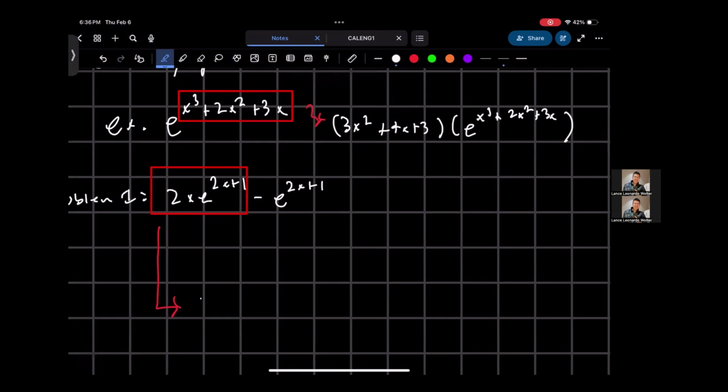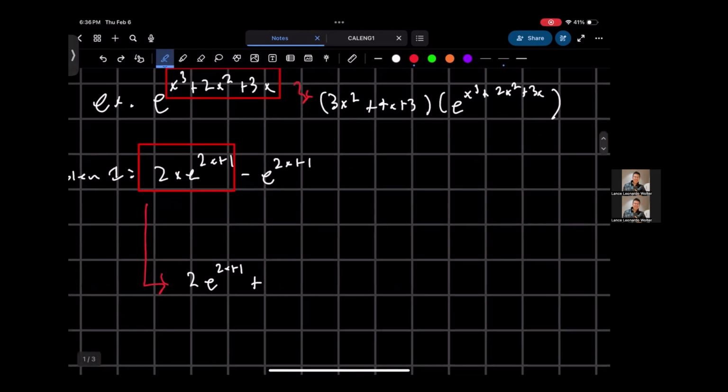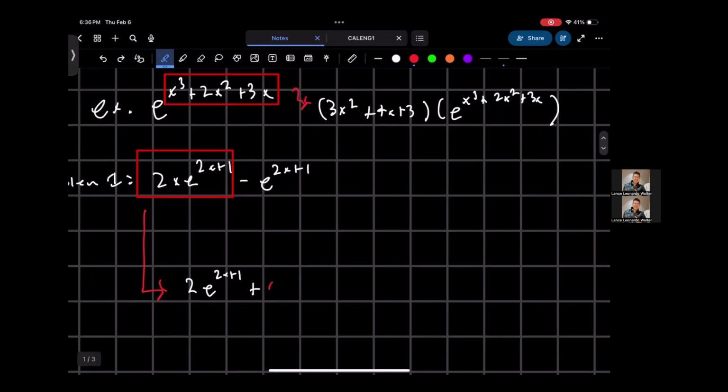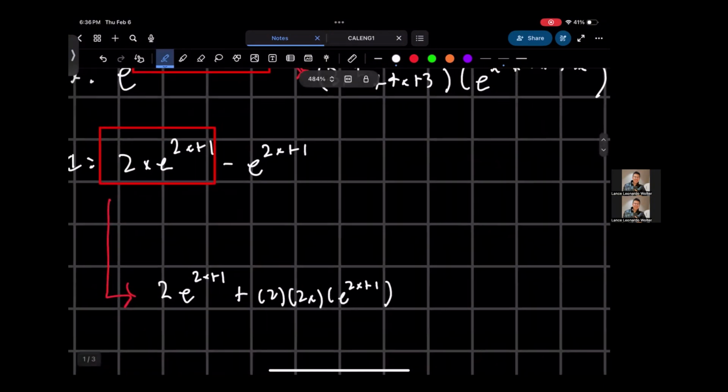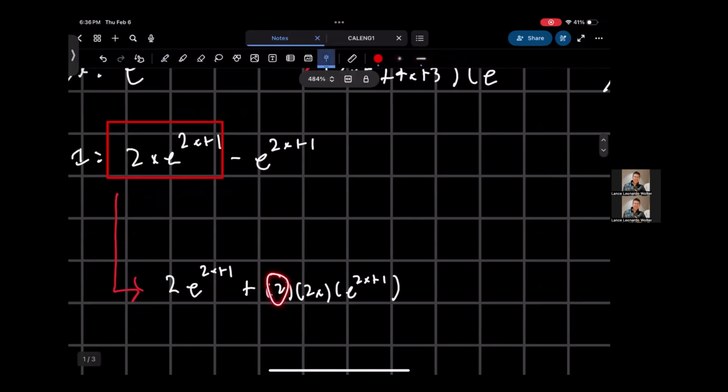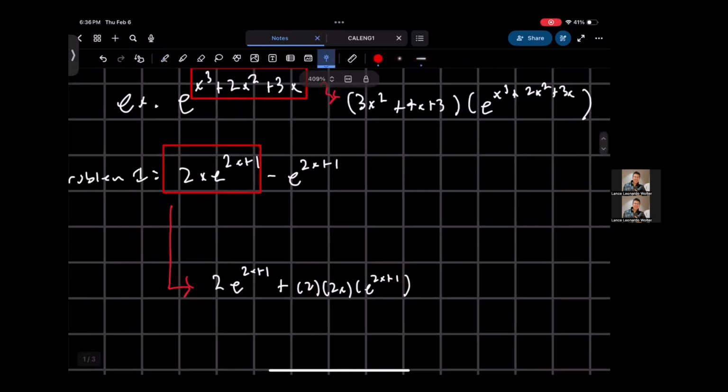And 2x is just 2 times e raised to 2x plus 1 there. And then we get the derivative of the next one here, e raised to 2x plus 1. Now that should just be equal to 2 times 2x times e raised to 2x plus 1. This 2 right here came from the derivative of this one, okay?